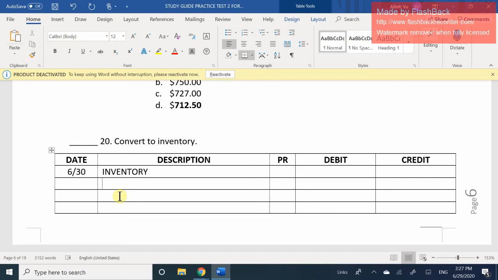And how do you take away from inventory? There's a specific account. Cost of goods sold, because we don't have that inventory anymore. We sold it. All right, and then what is my credit going to be?